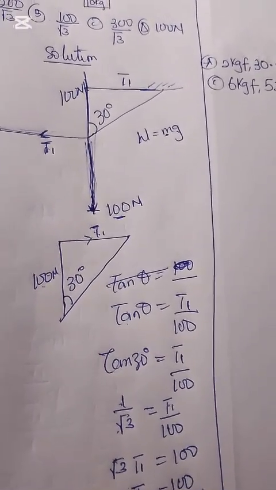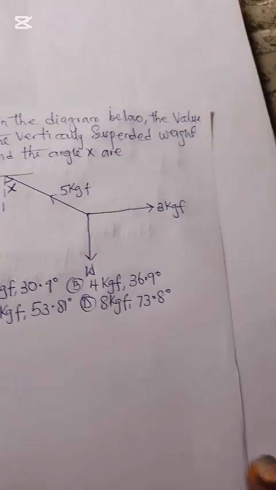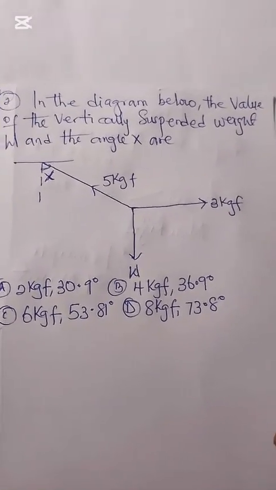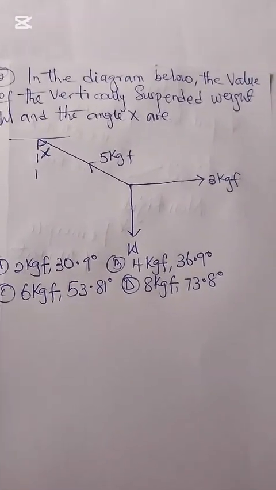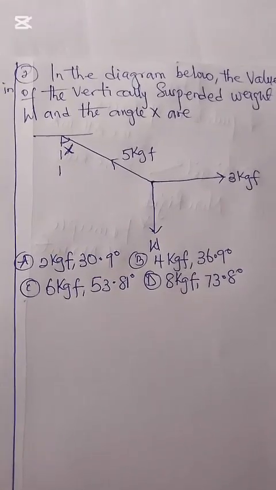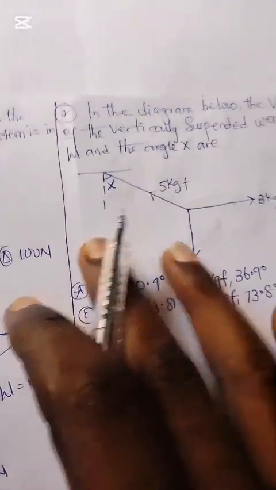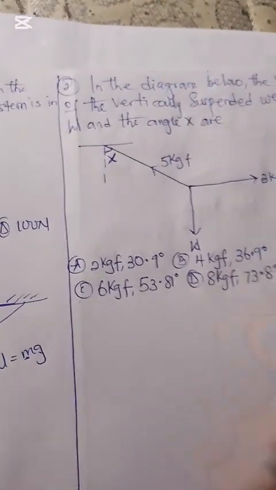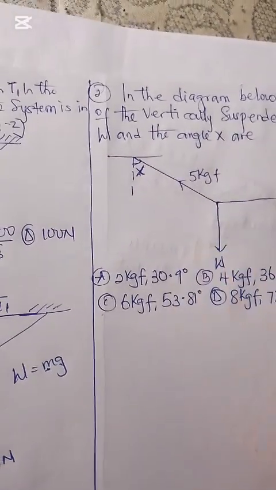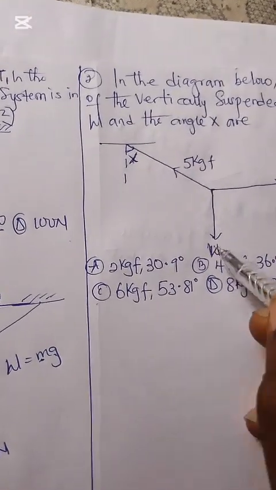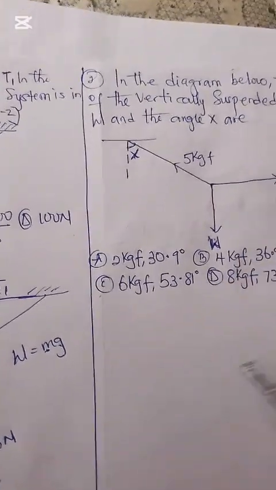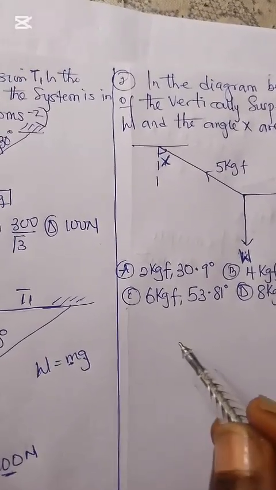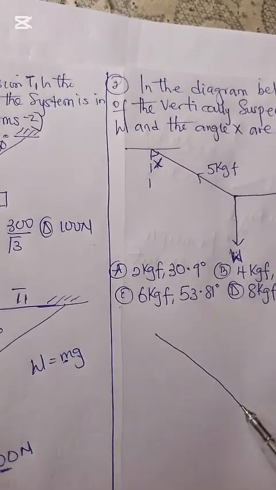Let's take another question. So the next question here says, in the diagram below, the value of the vertically suspended weight, W and angle X are, so we're looking for both this and this. So I can do the same thing I did in the previous example.